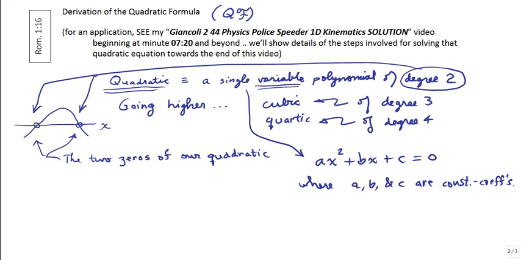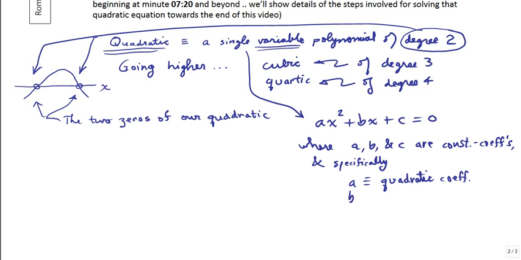Specifically, a is the quadratic coefficient, b is the linear coefficient, and c is just the constant term.